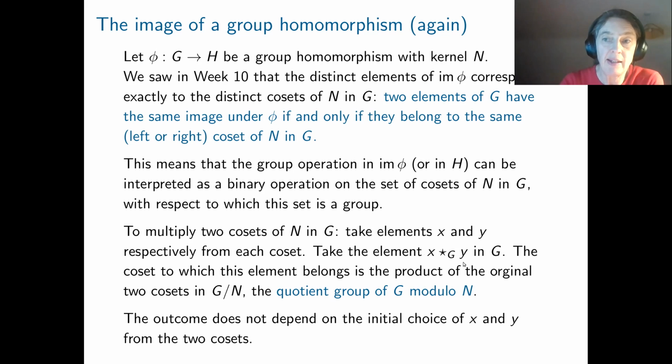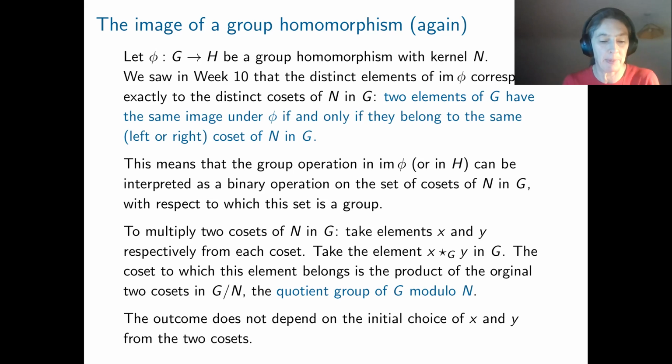So essentially, through this correspondence of the elements of the image of phi with the cosets of N in G, we have a way of multiplying cosets of N in G together to get new cosets of N in G. And what we end up with is a group structure on the set of cosets of N in G itself, which is exactly a mirrored copy of the image of phi over in H.